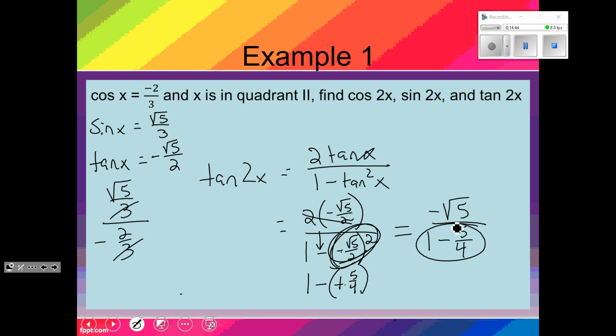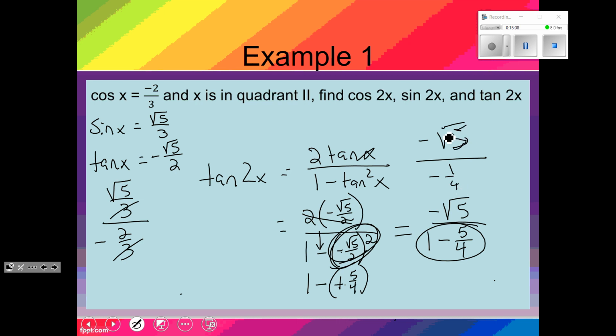So this is going to become negative 5/4 divided by, just kidding. I don't know what I'm writing. Just kidding. This is going to become negative square root of 5. What's 1 minus 5 over 4? Negative 1 over 4? Okay. Negative 1 over 4.